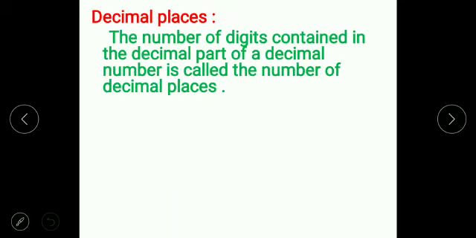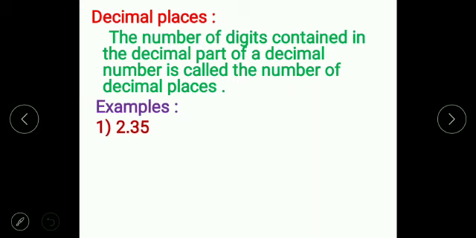Now the next point is decimal places. The definition of decimal places is: the number of digits contained in the decimal part of a decimal number is called the number of decimal places. Let's learn this concept through one example.